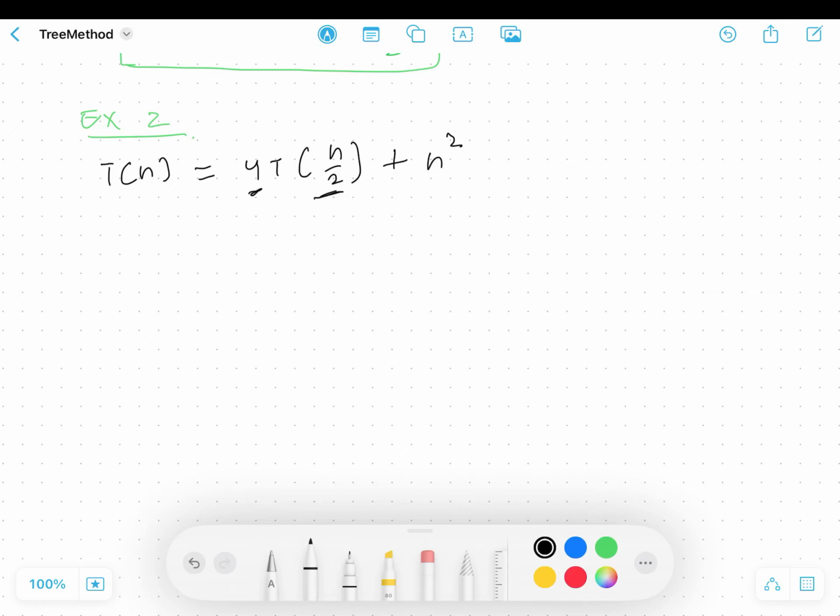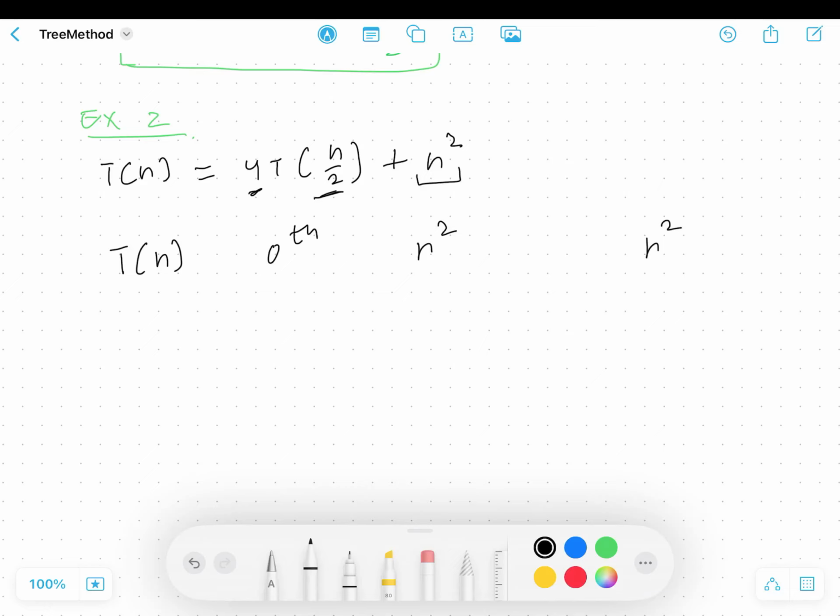At the 0th level, we have Tn, and we will focus on the non-recursive part of the recurrence, as I discussed in the previous example. Okay, and the sum is n square.